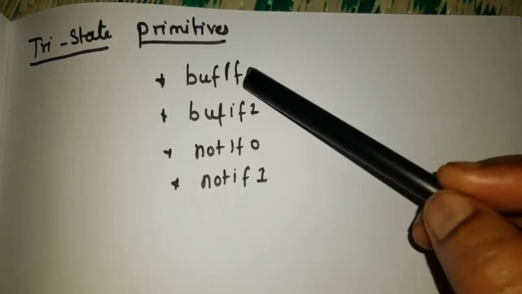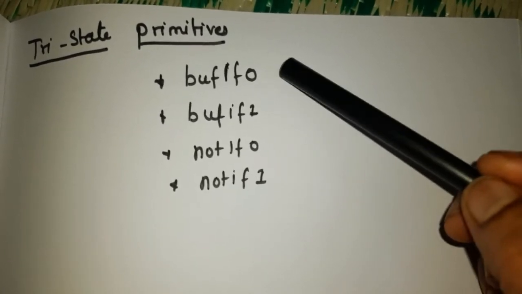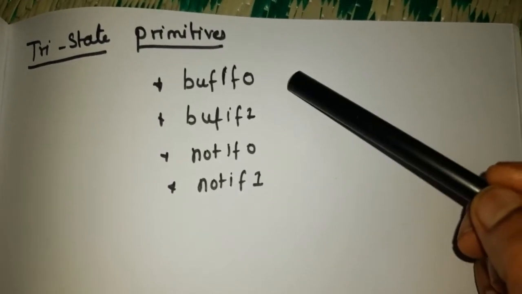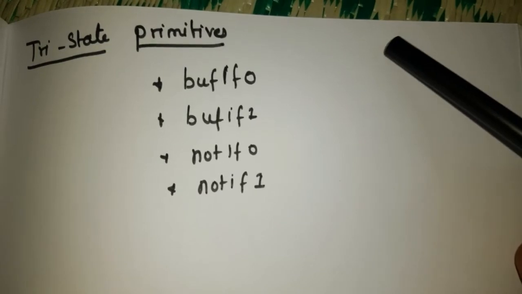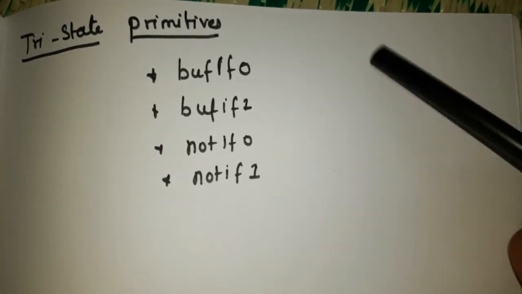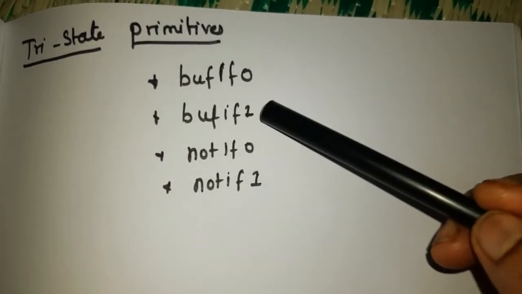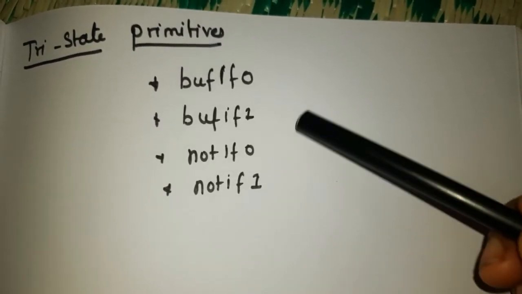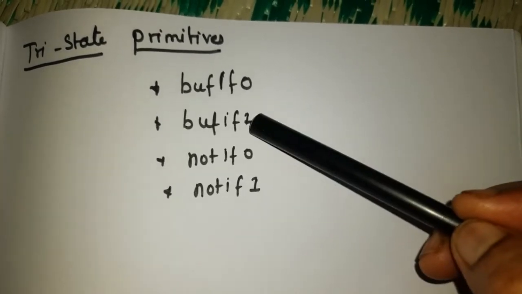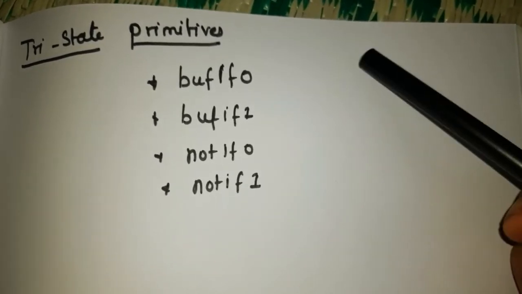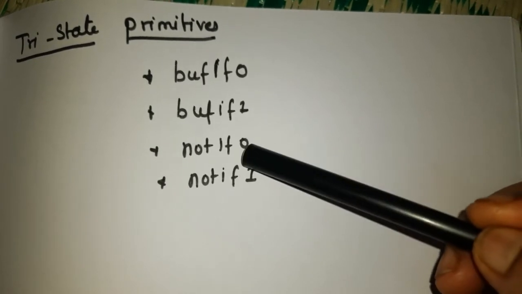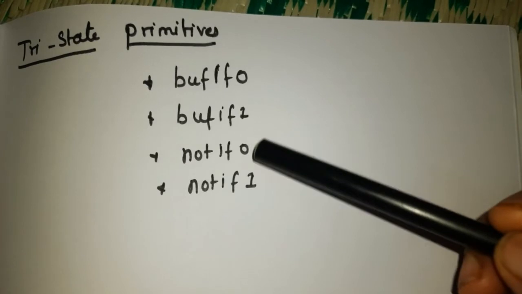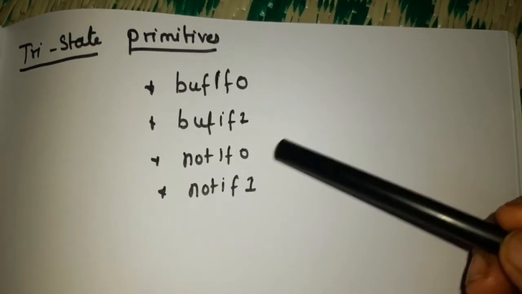So this is buff if 0: if the control line is 0, the gate acts as a buffer, otherwise it will provide the result as high impedance Z. Similarly, buff if 1 means the control line is 1, it acts as a buffer, otherwise it will provide high impedance Z. Similarly, not if 0, that means the control line is 0, the gate operates as a NOT gate, otherwise it provides the high impedance output.